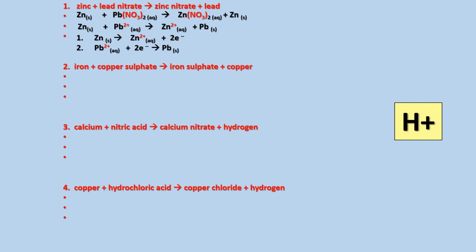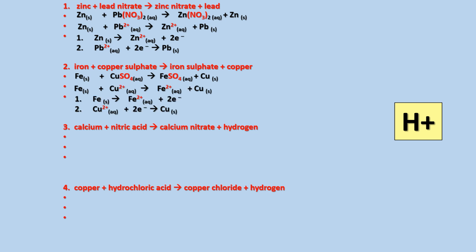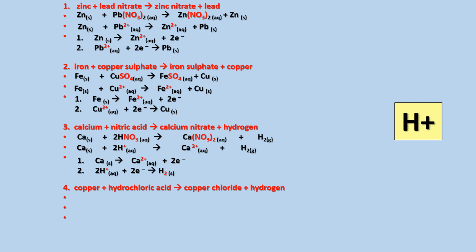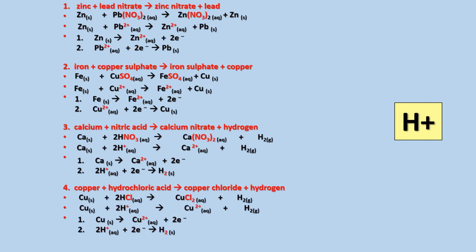And then we can write our half equations to show the zinc losing electrons and the lead gaining. Same for iron and copper sulfate. Same for calcium and nitric acid. Same for copper and hydrochloric acid.